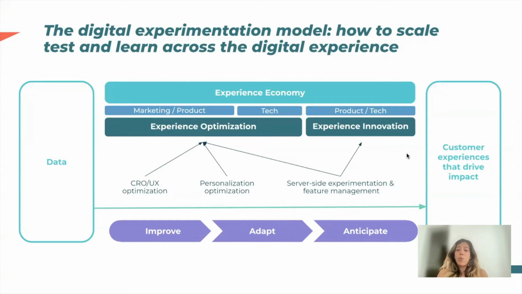So what's also important about experience innovation and why it's different from experience optimization is that it's really meant to anticipate needs, right? So it's based on understanding the customer, understanding their preferences, understanding where the market is evolving to, and really trying to use that data to innovate, right? And to think of new ideas and new ways to connect with the customer.